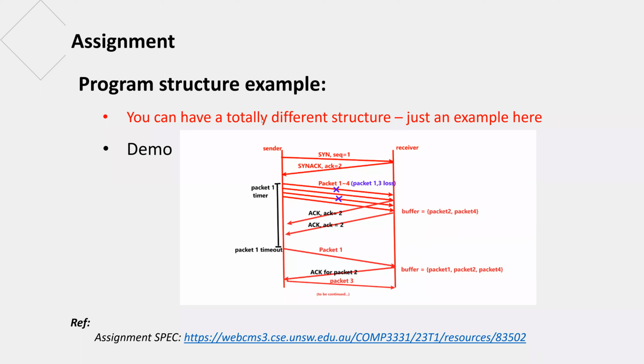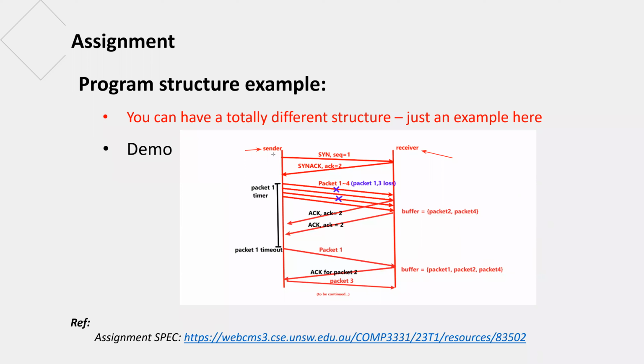Just have a quick look at the sender and receiver. I drew a diagram here. Let me explain it, and you can check if you have the same idea as me. The sender is on the left-hand side and the receiver is on the right-hand side.